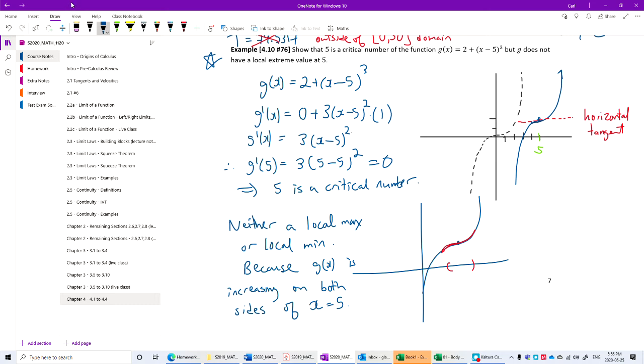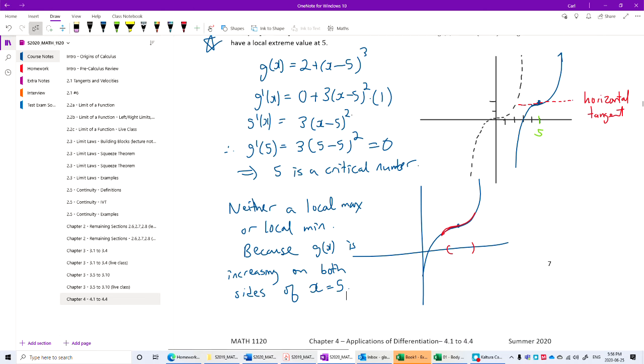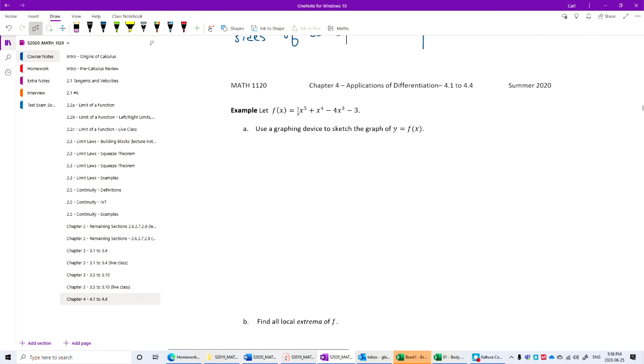Okay, so cubics don't necessarily have a local max or local min. In fact, that's true for all odd powers. All odd power functions, they'll have a critical point, but it's not going to be a max or a min. Okay, now last one here.